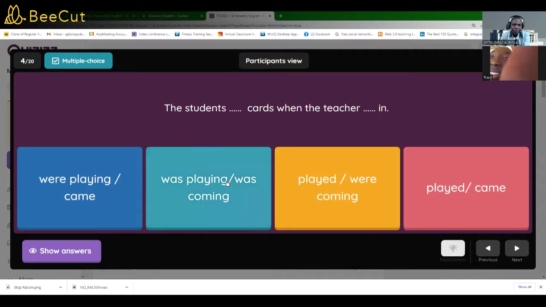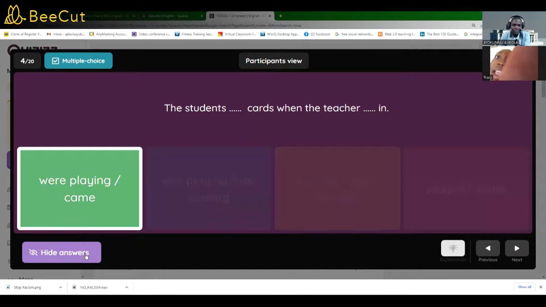A, B, C, or D? Which one? The time is over. What do you pick? You said C. C. So the students were playing cards when the teacher came in.